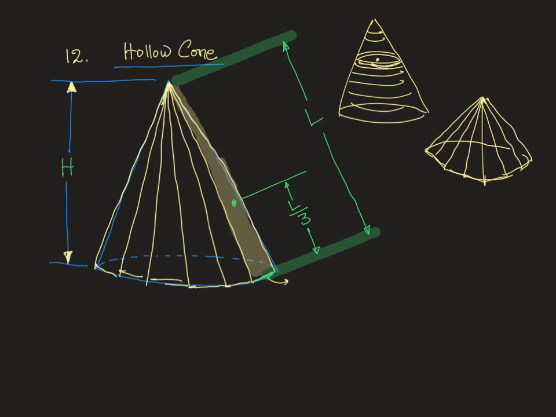Now if you look at the triangle just beside it, where is the center of mass of this triangle? Obviously this is also at 1/3 of the height from the base, the slant height, so L by 3. Similarly for this triangle, where is the center of mass located?